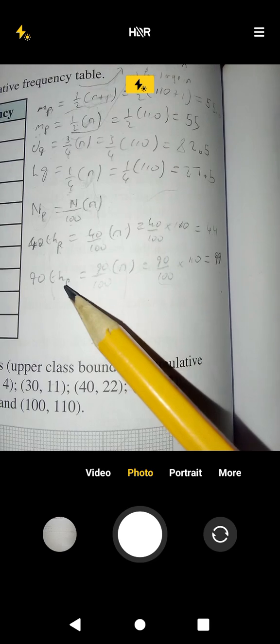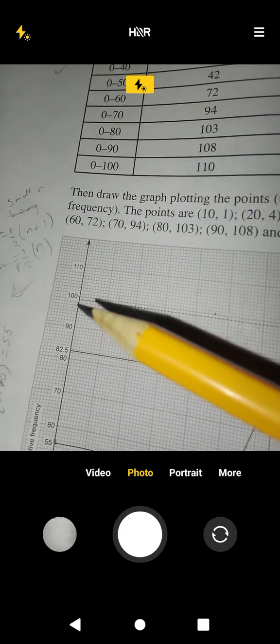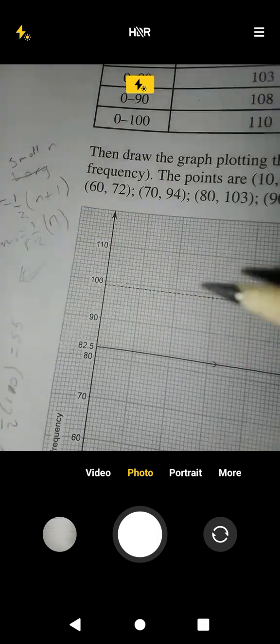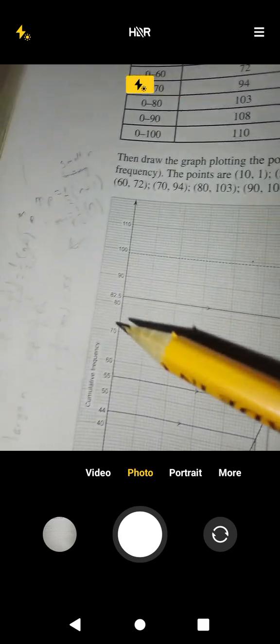And then the 90th percentile position is 90 over 100 times n, which evaluates to 99. They didn't label the 90th percentile right here, but the 99th position is the 90th percentile.